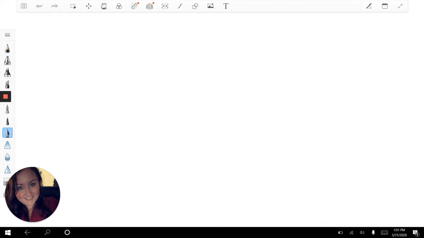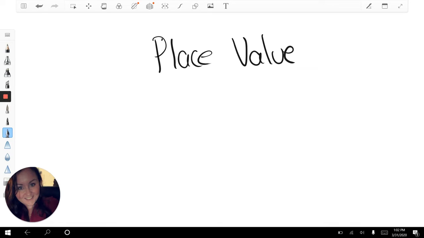It will explain why we put zeros in the places that we do and the concept behind those. So to start, when we talk about place value, if I were to write out this number, we would say 12,345.